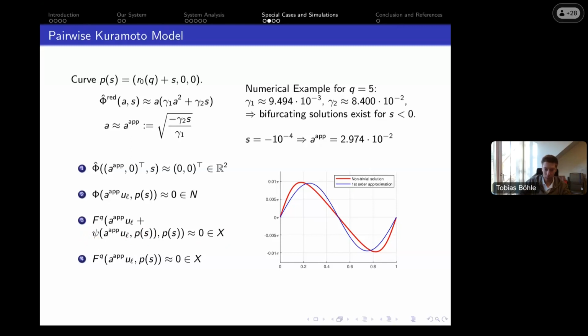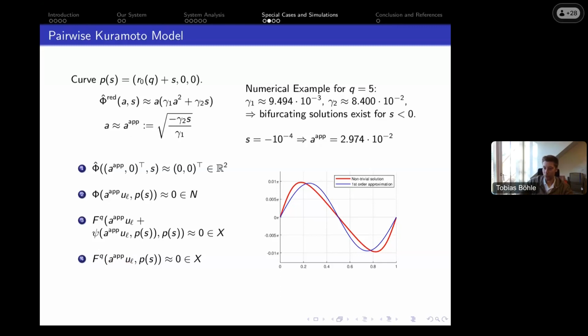And this means that fq evaluated at A approximate times UL is approximately equal to 0 as an element in the full function space X. So this would be our non-trivial equilibrium. Or in fact, you can think about this as follows: you can regard A approximate times UL as a function that you have to add on top of the twisted state, such that the result is again in equilibrium.